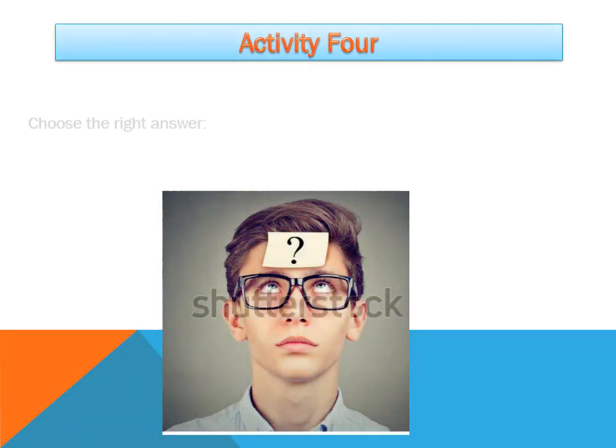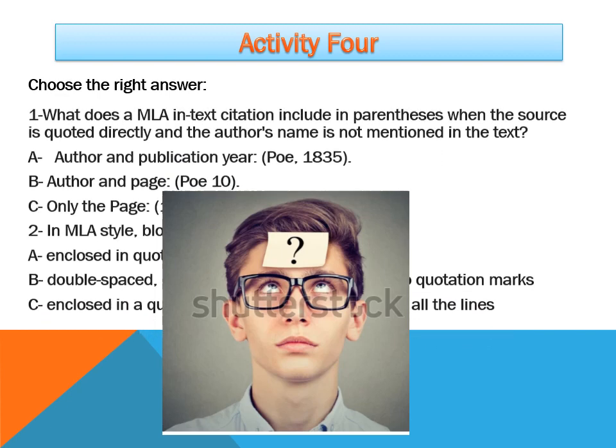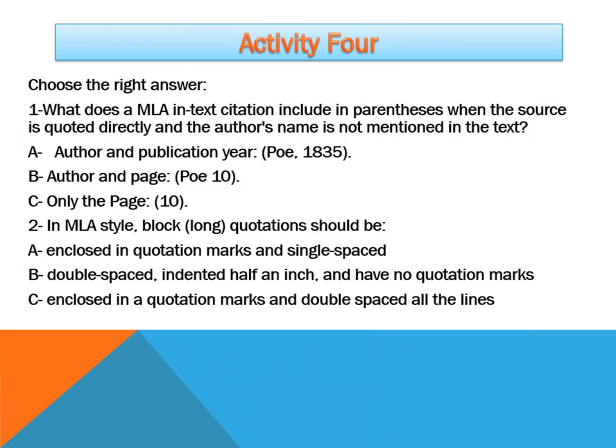Activity 4. All you need to do is choose the right answer. Read the statement or the question carefully, then make the right choice. You have A, B, C choices. Make the right one.